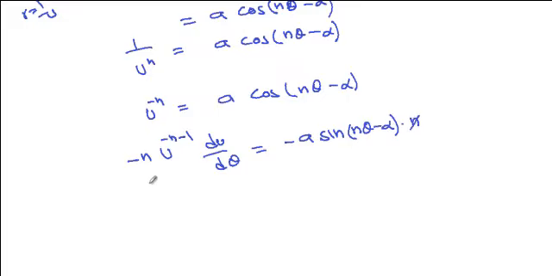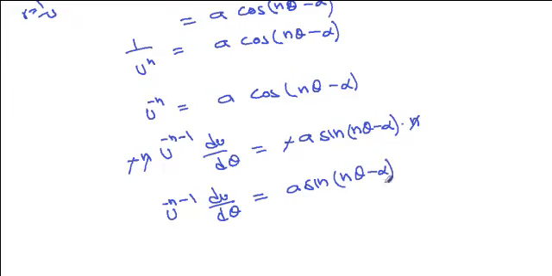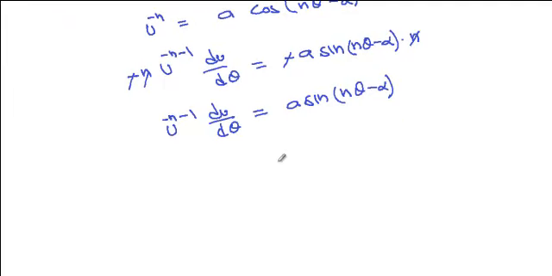So this n cancels with this n, and this minus is cancelled with this one, so we are left with n u^(−n−1) du/dθ = A sin(nθ − α). So from here du/dθ can be written as A u^(n+1) sin(nθ − α).